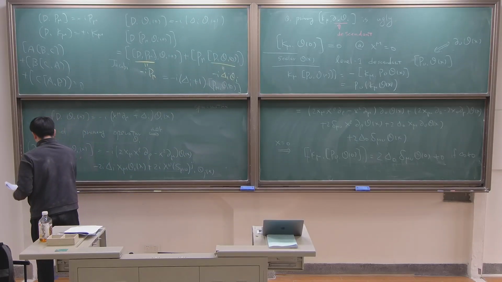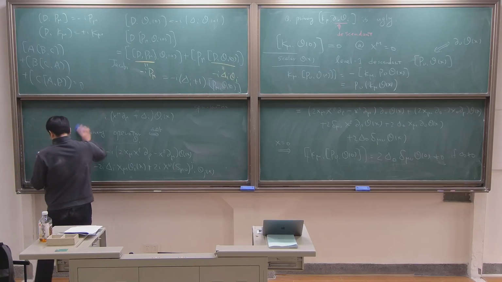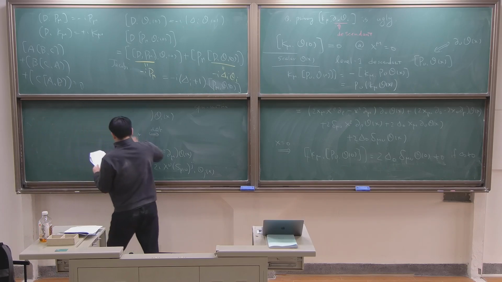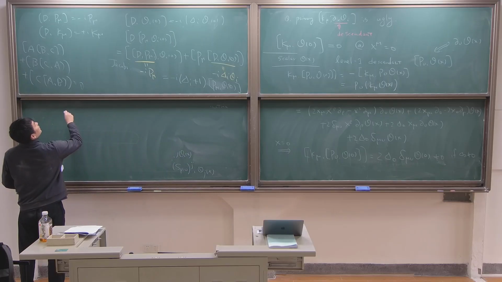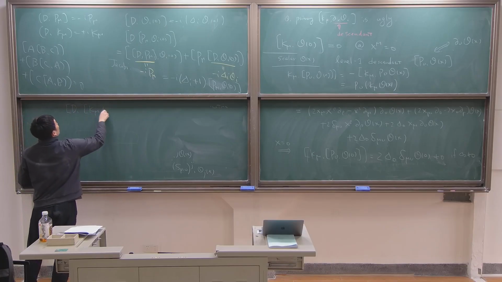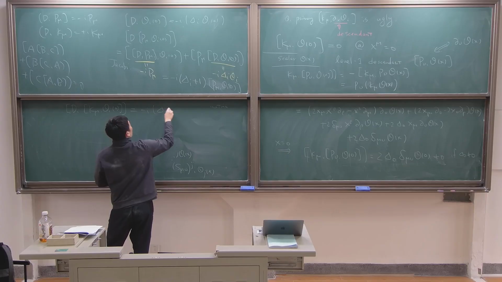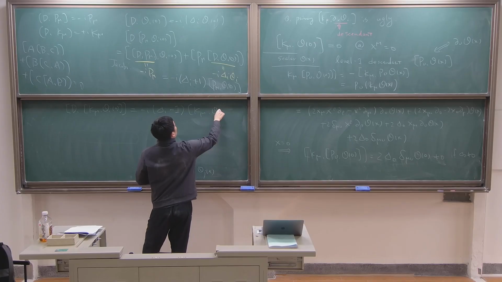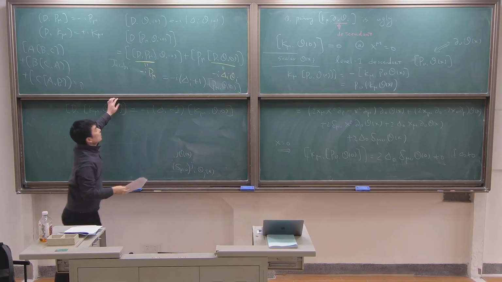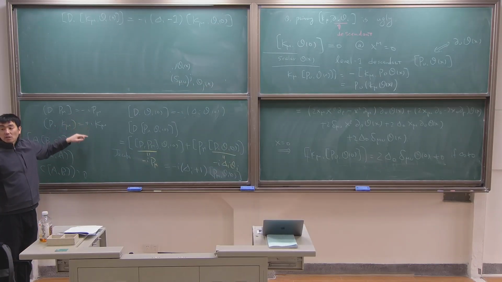Let's do the same exercise for K mu. D acts on K mu and operator O I at 0. If you do the same exercise, what you get is delta I minus 1 times K mu O I at 0. Here there is a minus sign, because the sign is different.